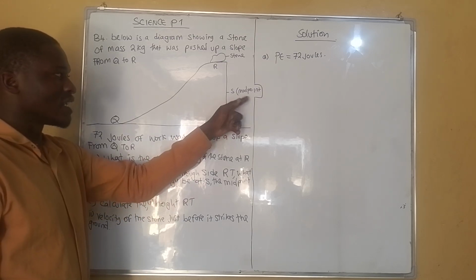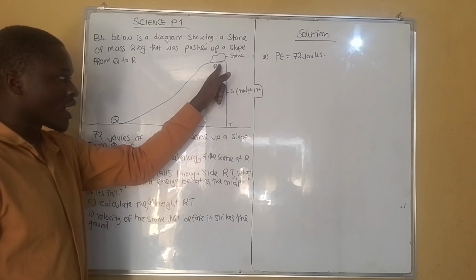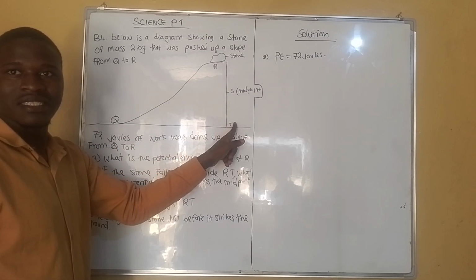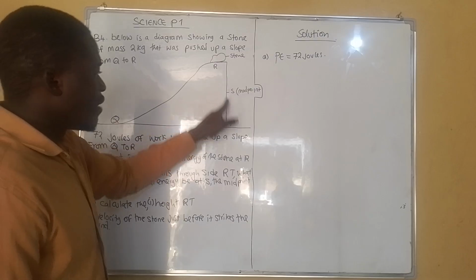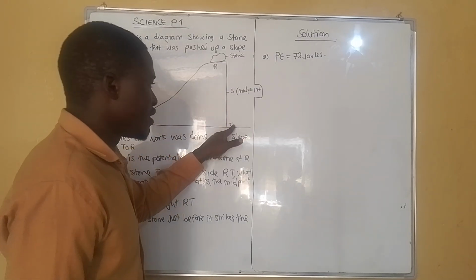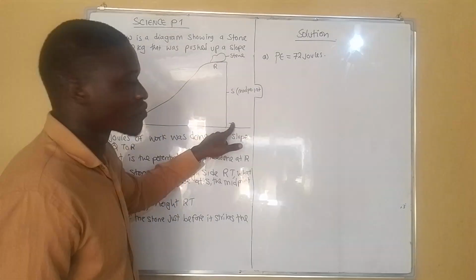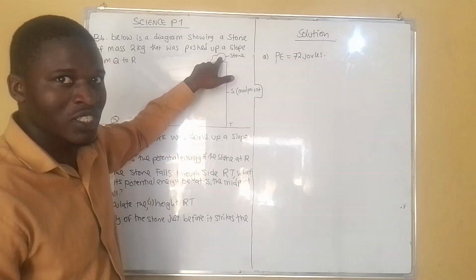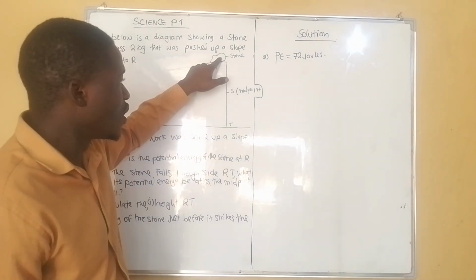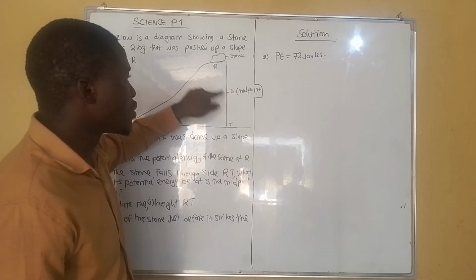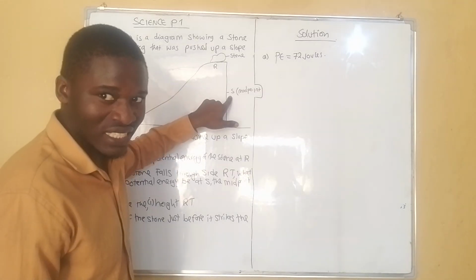And we are told that S is the middle point of R and T. From R to T, the potential energy of this stone is 72, right? What would be the potential energy of this stone at half RT?